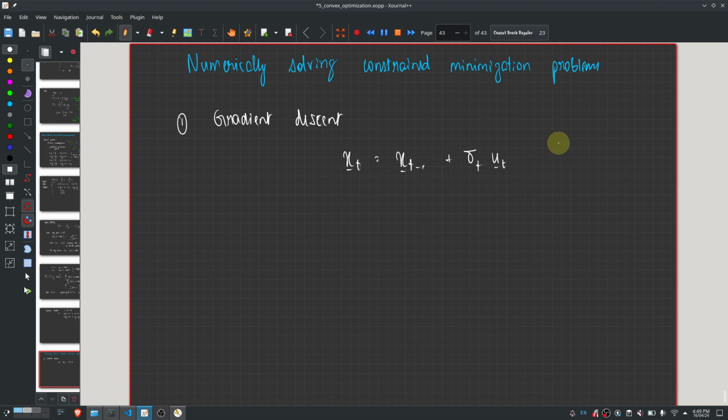So this is a general descent method. This is called the descent direction, and this is the step size.